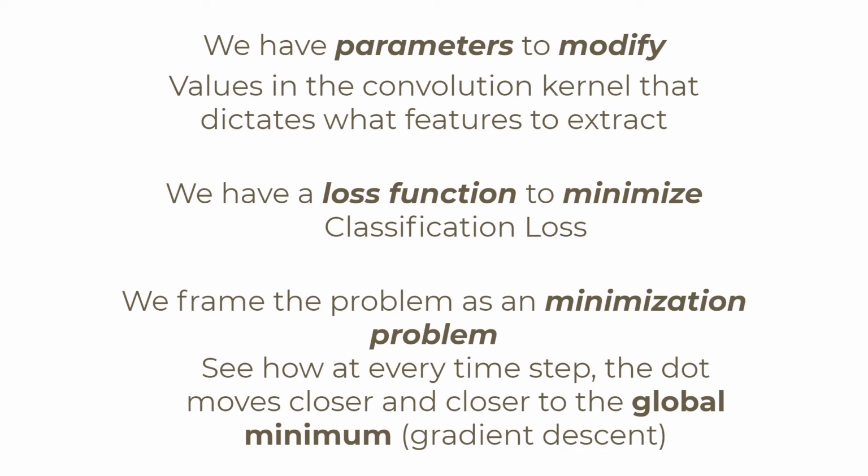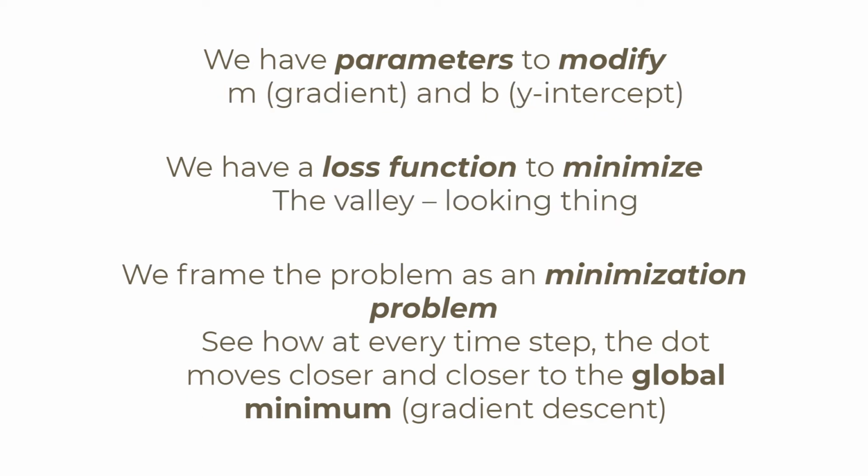Those are the parameters that you are modifying over the course of the training process. And then you have the loss function that you want to minimize. In this case, we have a classification loss, and you just frame that as a minimization problem. See how at every time step the dot moves closer and closer to the minimum.